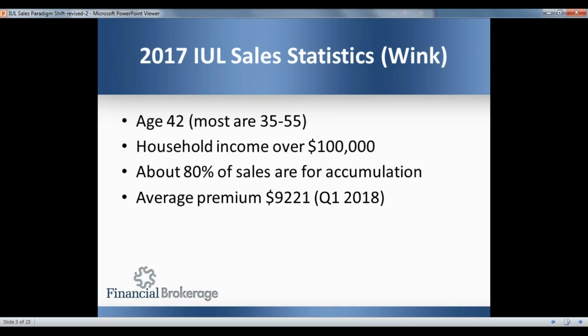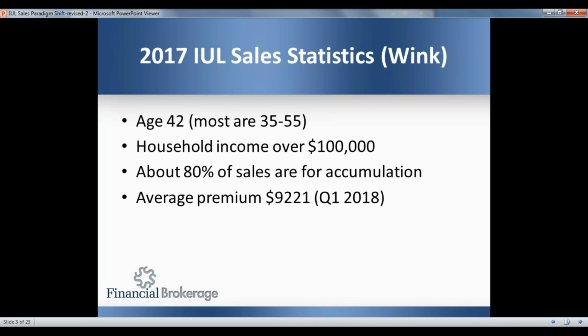But what we're going to use for our basis for this comes from what I'm going to call the typical IUL sale. Now, I know these numbers are a little old at this point in time. I've posted this webinar a couple times before. But in 2017, I was able to get these statistics from Wink. They're an organization that compiles all sorts of insurance statistics, particularly on annuities, but also on IUL.